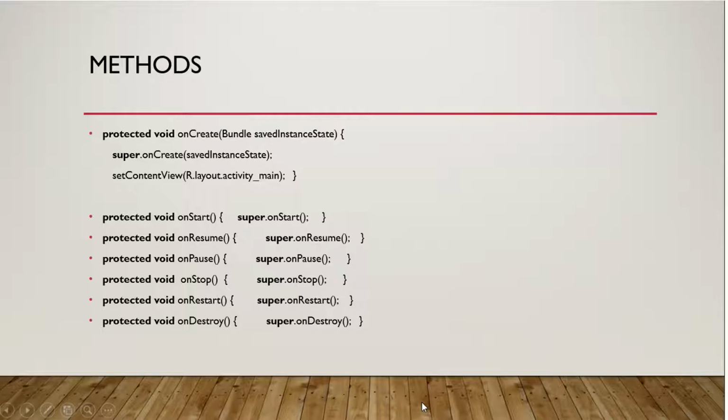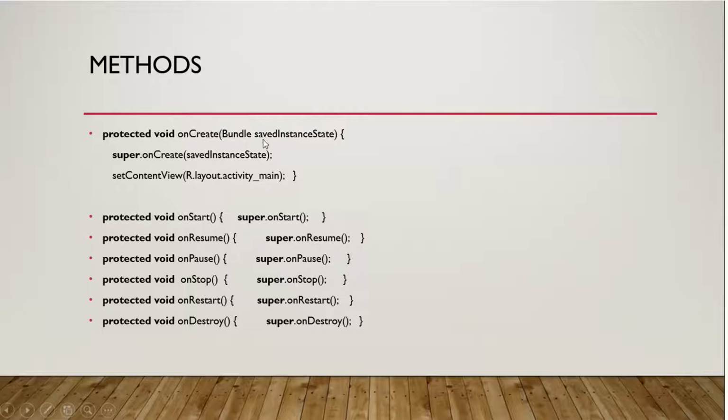The first one is the onCreate method, which, as we talked about before, is used for initialization purposes. Whenever you want to initialize something, you can initialize it over here.